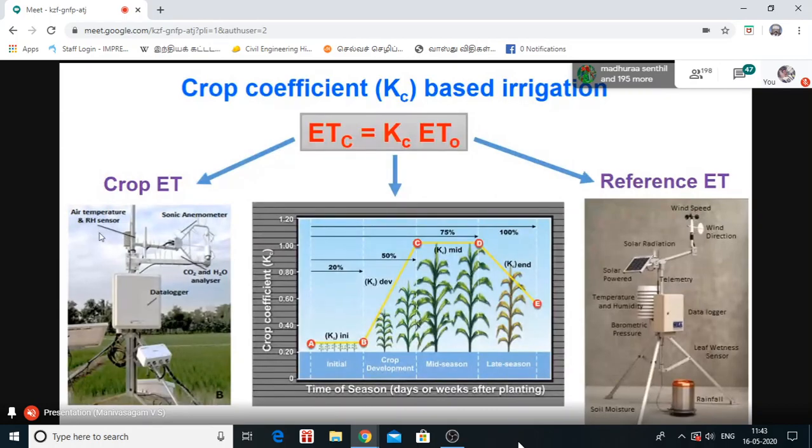It measures the vertical movement of fluxes from the field, especially the CO2 and water content. Once we know the stages of the crop growth and the existing climate condition, by this relationship we can calculate the crop water requirement.